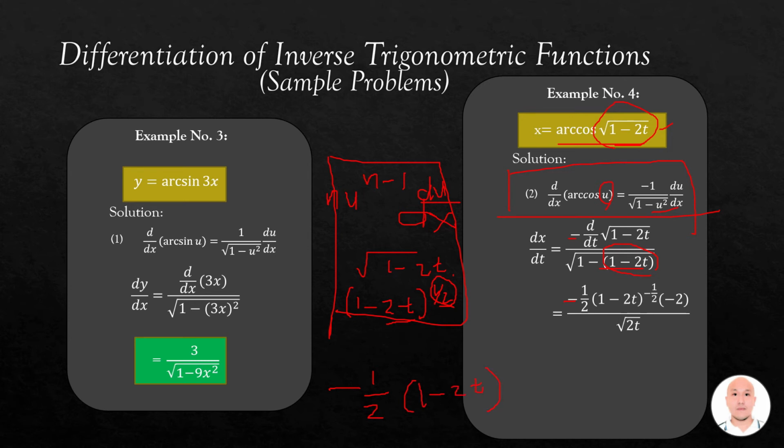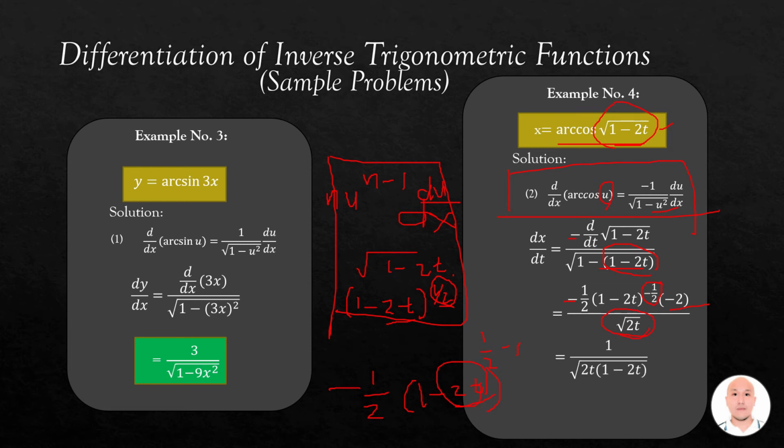Then 1/2 minus 1, so our n here is negative 1/2. That's why we have negative 1/2 here. Then times the d over dx of 2t here, which is equivalent to negative 2, over 1 minus 1 is 0, minus 2t, so what's left here is the square root of 2t.